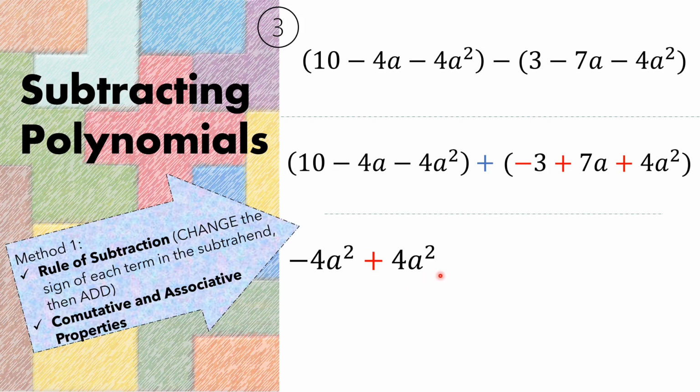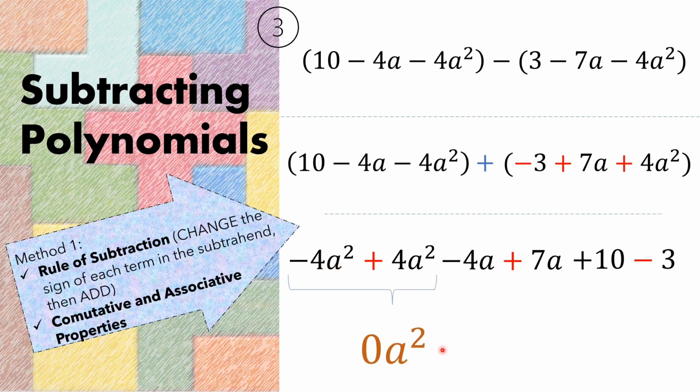Okay, so we have negative 4a plus 7a, and then combining the last terms, we have the constant term 10 plus negative 3, or 10 minus 3. Then combining, we have negative 4a squared plus 4a squared is 0a squared.